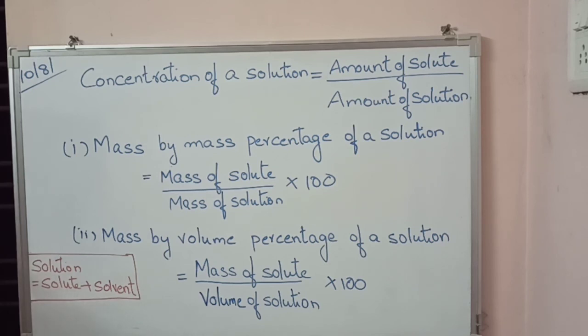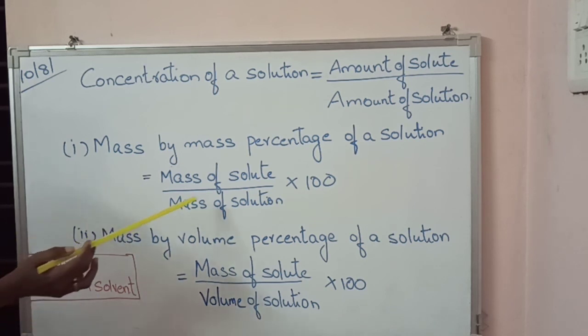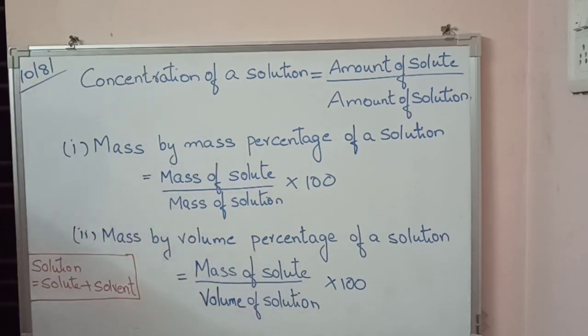Mass of solute is 20 gram of sugar. Then mass of solution is 20 plus the mass of solvent, that is water, 100. 20 plus 100 is 120. So 20 by 120 into 100. Clear?